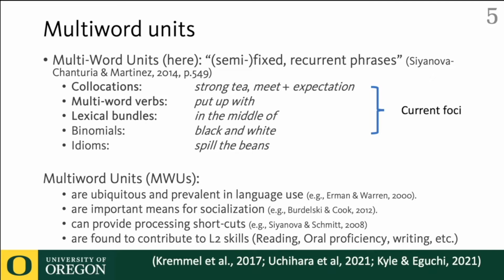So it includes collocations such as strong tea, multi-word verbs such as put up with, and lexical bundles, among others. The current focus of today's talk is collocations, multi-word verbs, and lexical bundles, because these are the coverage of the current version of the tool.